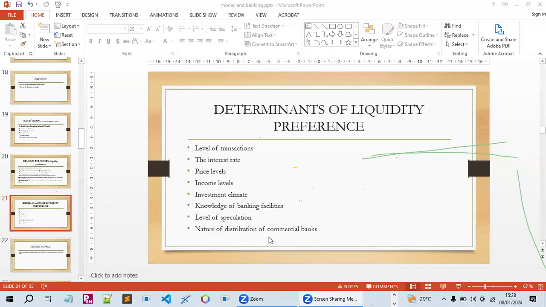However, if the distribution of commercial banks is very low, or we could call it the level of development of financial institutions like the commercial banks, it will lead to high liquidity preference because of the banking inconveniences. Because the banks are far apart, people will prefer to keep some money at hand because of the distance.